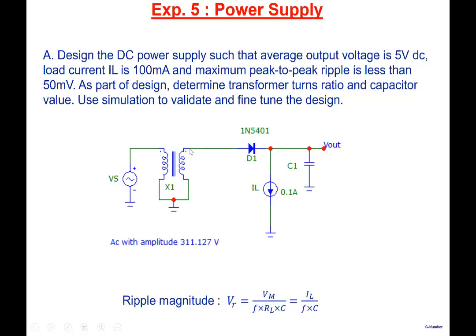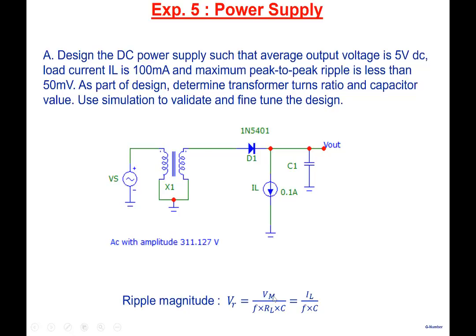The AC output from the transformer is rectified, half-wave rectification, through this particular diode, and the capacitor is used to generate a DC, but of course that's not a perfect DC. We get a ripple, and if you go back to your notes in ESC201, you can see that the ripple voltage can be written in a simplified form by this particular expression.